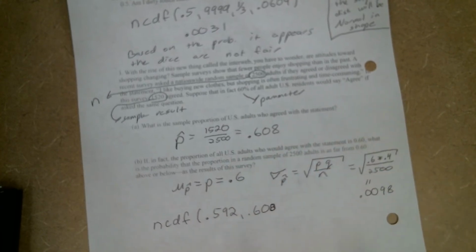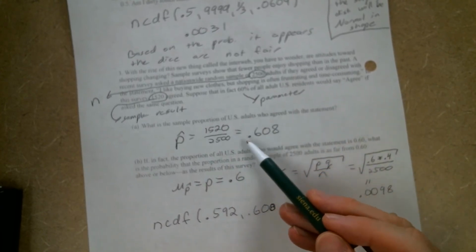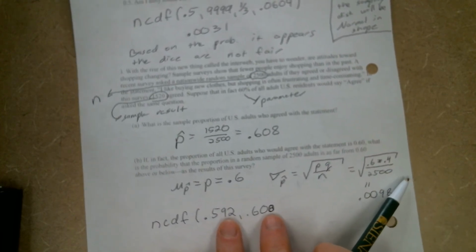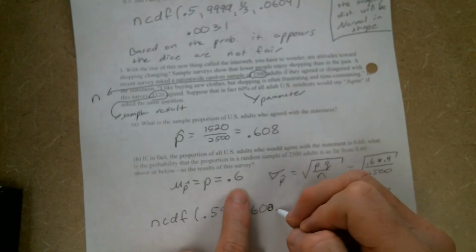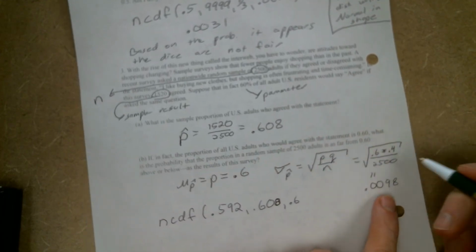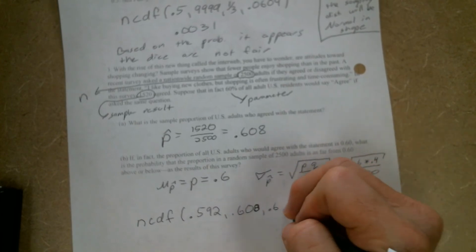We're asking what were the odds of being this far from the mean in either direction if this was the true value and this was our standard deviation, which again is based on our sample size.